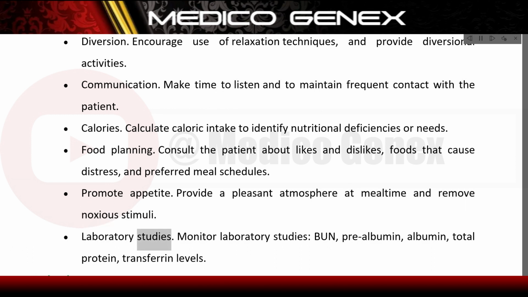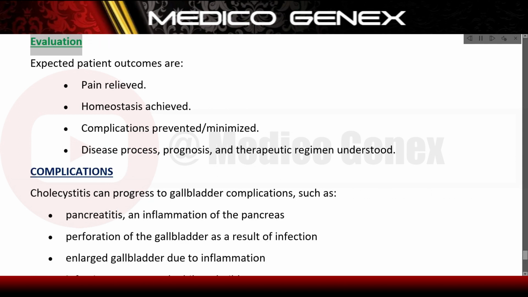Laboratory studies: monitor BUN, prealbumin, albumin, total protein, and transferrin levels. Evaluation: expected patient outcomes are pain relieved, homeostasis achieved, complications prevented or minimized, and disease process, prognosis, and therapeutic regimen understood.